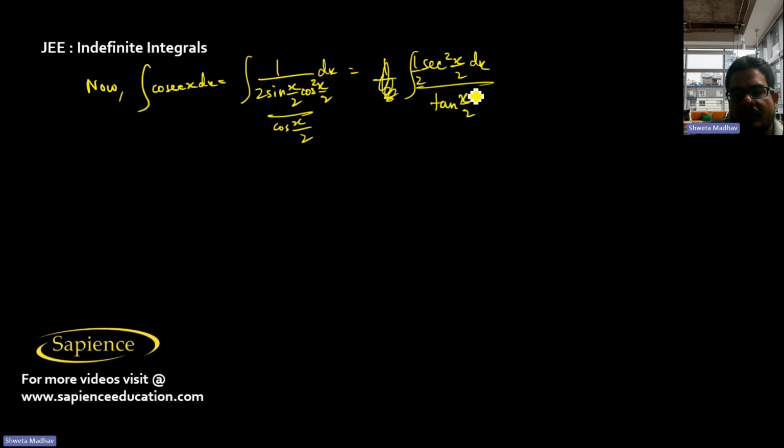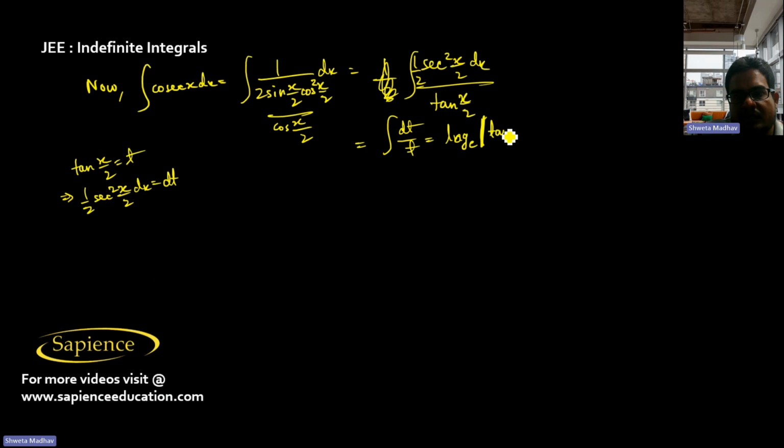If I take tan x by 2 as t, then 1 by 2 secant square x by 2 dx is equal to dt. This is integral dt by t, so this is equal to ln t, or log base e t, where t is mod of tan x by 2, plus c.